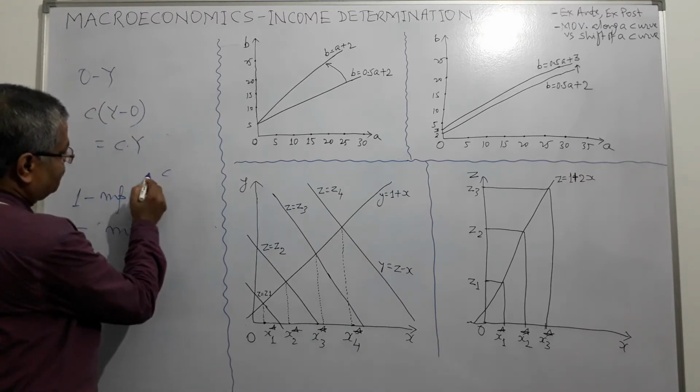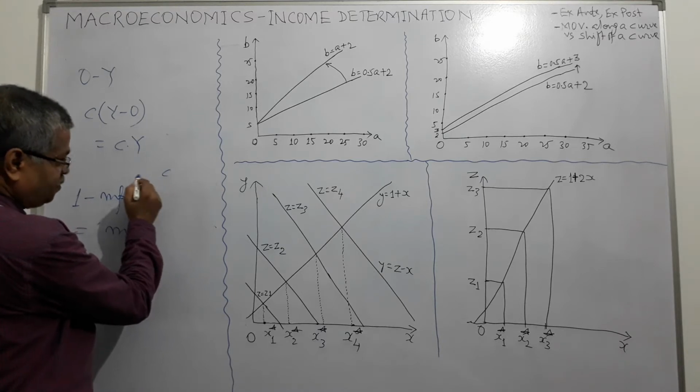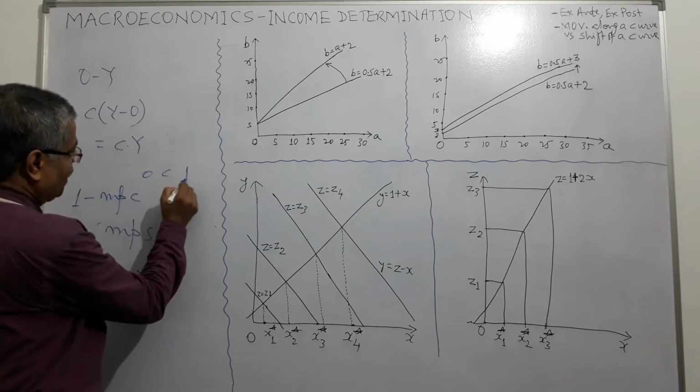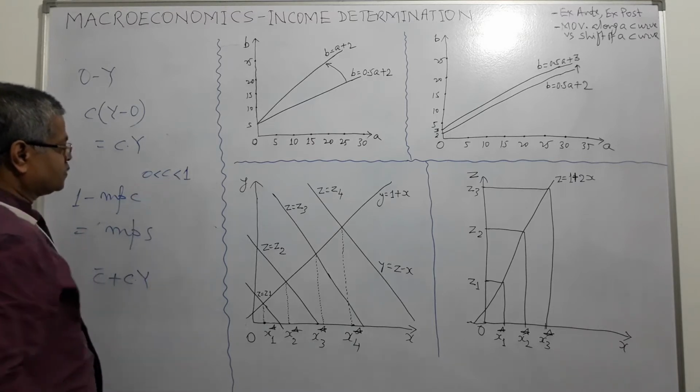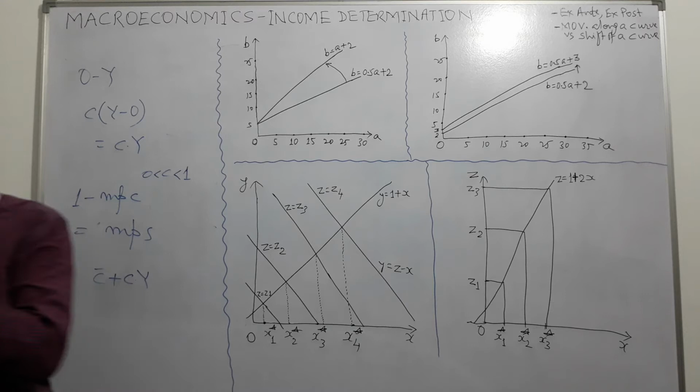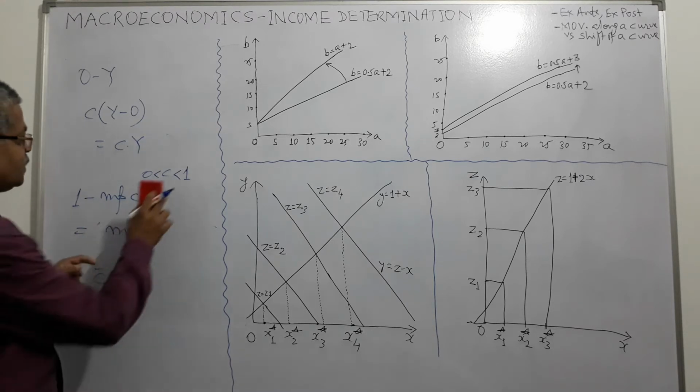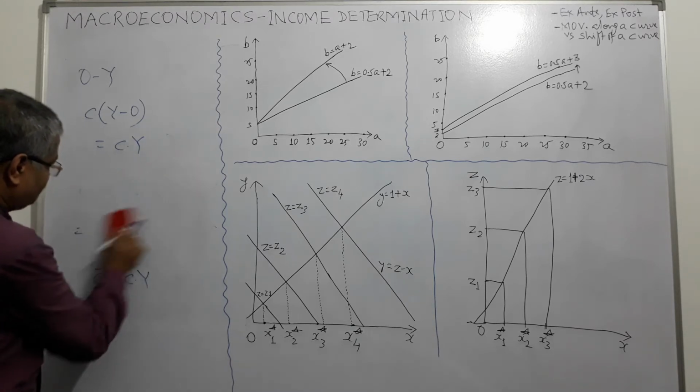So marginal propensity to consume is between 0 and 1, and what remains out of 1 is marginal propensity to save.